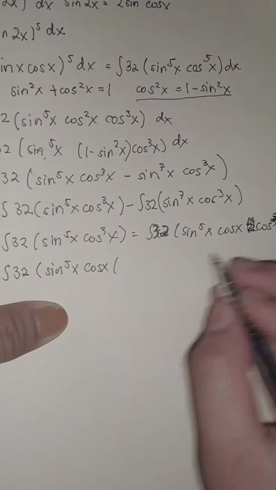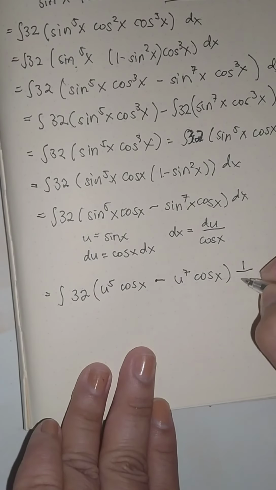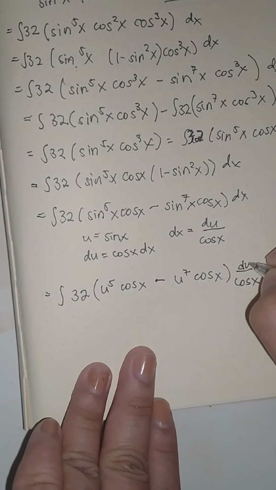So we have the integral of 32 u raised to 5 cosine x multiplied by the value of dx, minus u raised to 7 cosine x multiplied by 1 over cosine x du. So cancel this one, and cancel this one.